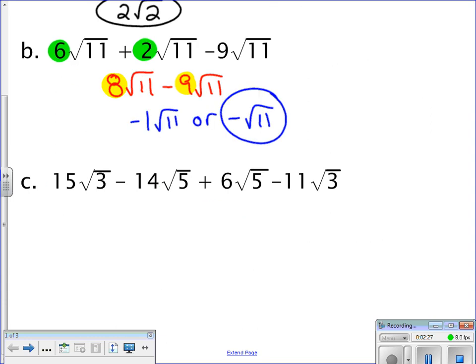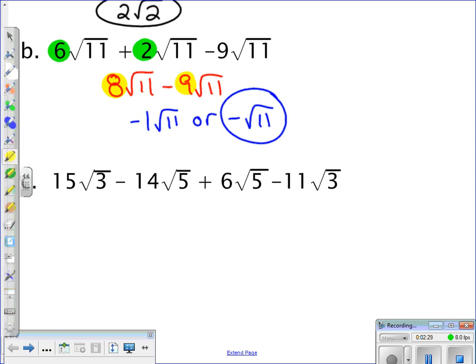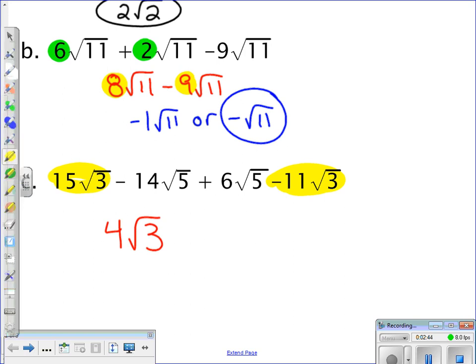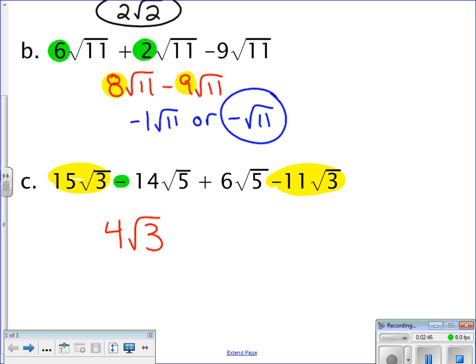Now the last one here, we're going to put 15 square root 3 with the other square root 3. So 15 minus 11 is 4 square root 3. And then the square root of 5 parts will go together.